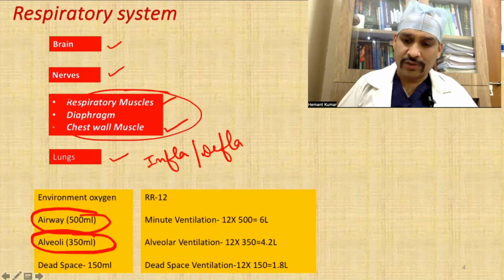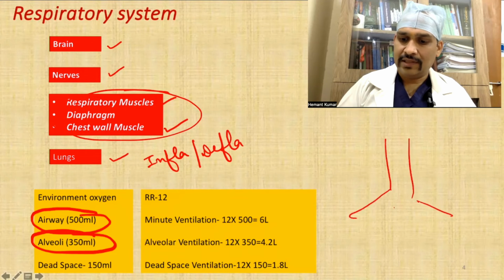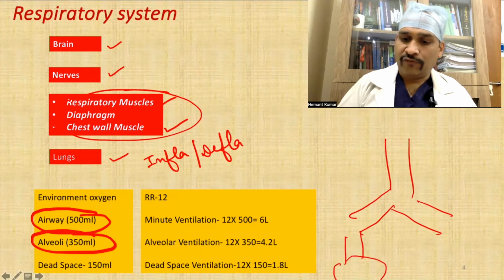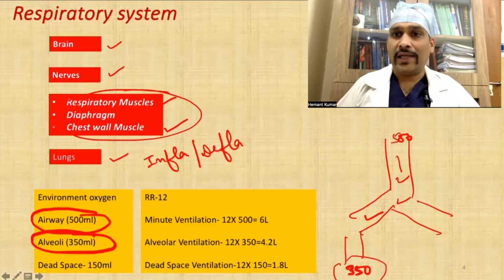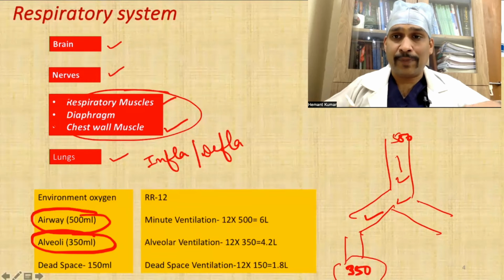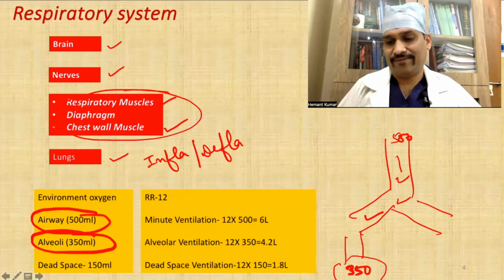The loss is in the airways. Of the 500 ml going inside, some is lost here, here, and here, and around 350 ml reaches the alveoli, where it takes part in gas exchange.